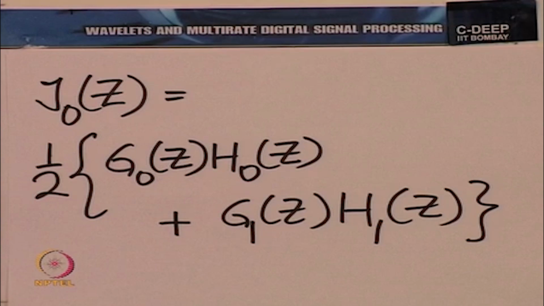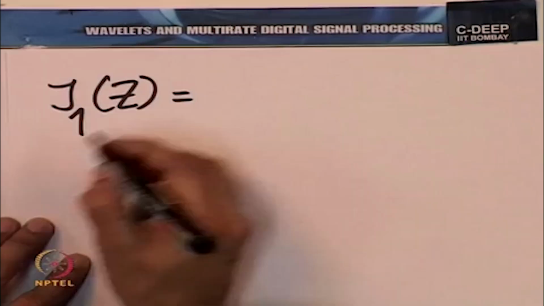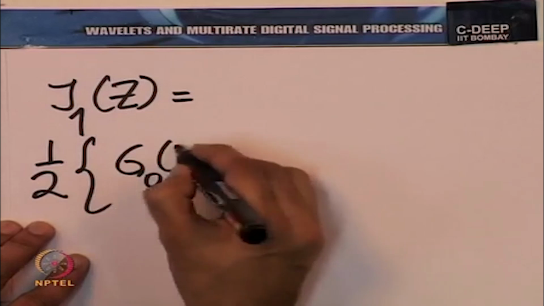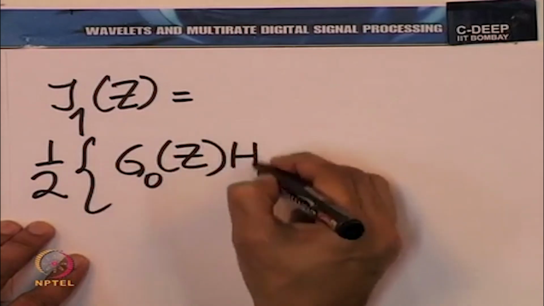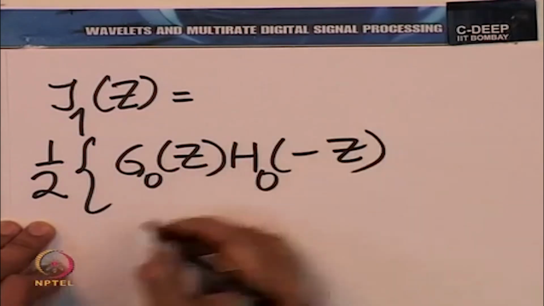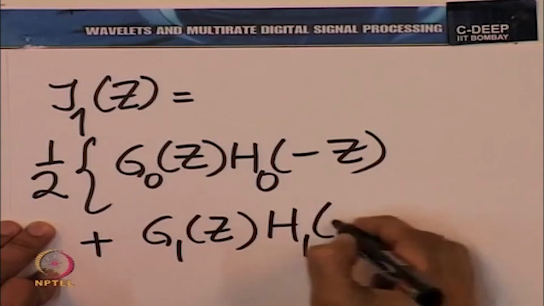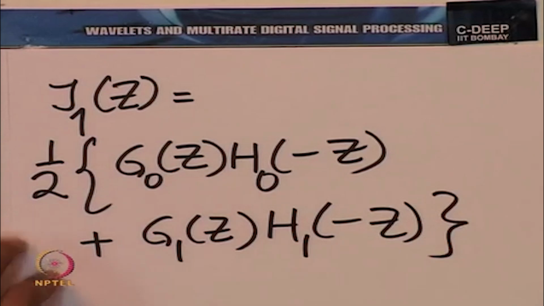So, tau1(z) would be G0(z)H0(-z) plus G1(z)H1(-z).